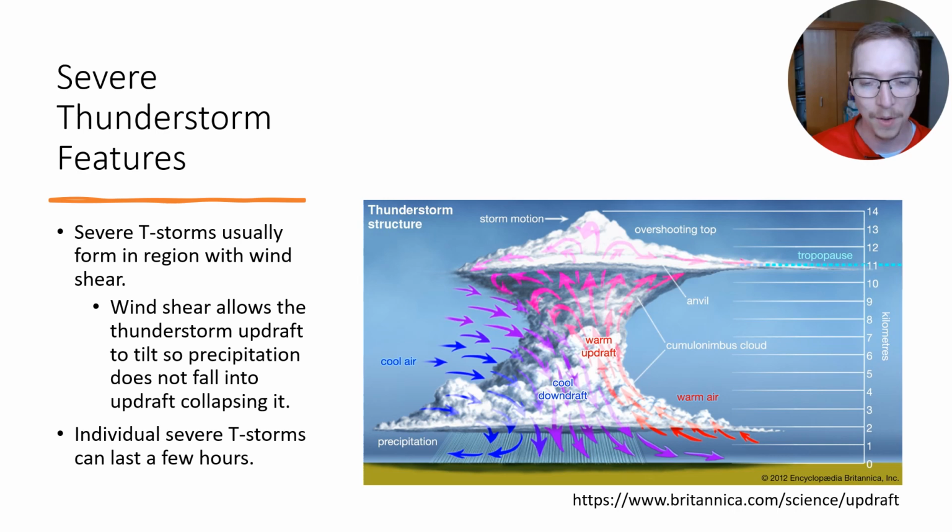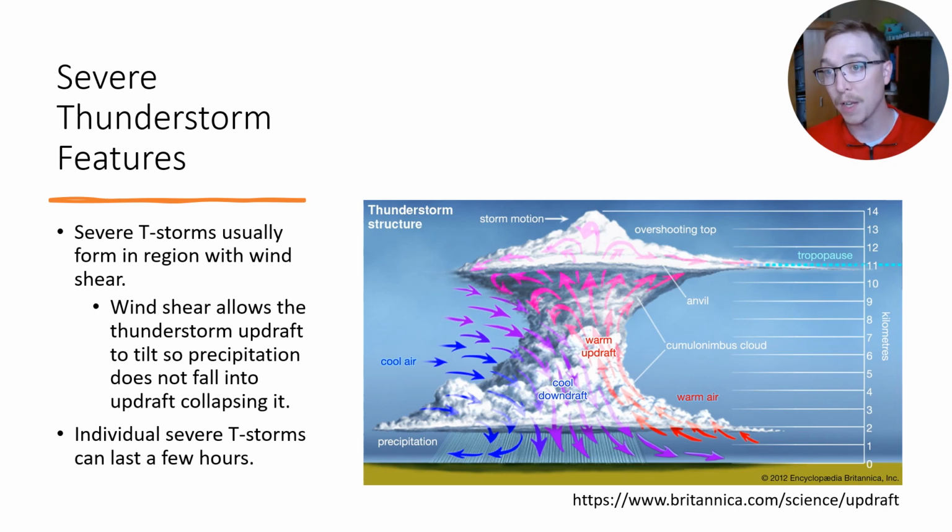So here we can see our diagram, a very typical diagram of a thunderstorm structure. Severe storms usually form in regions with wind shear, and that wind shear allows the thunderstorm updraft to tilt, so precipitation does not fall into the updraft, collapsing it, which is really important, right?